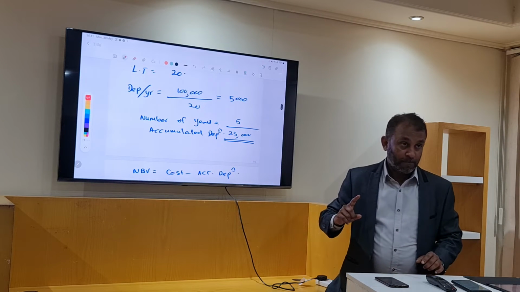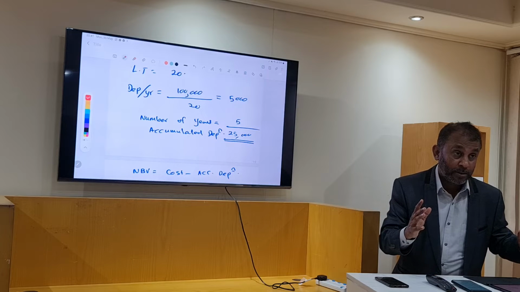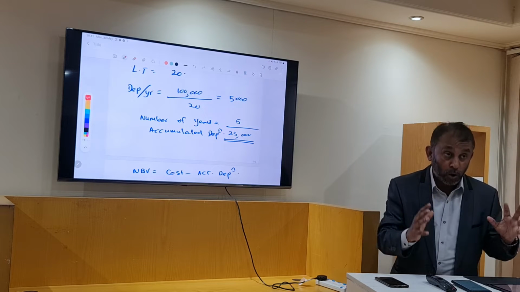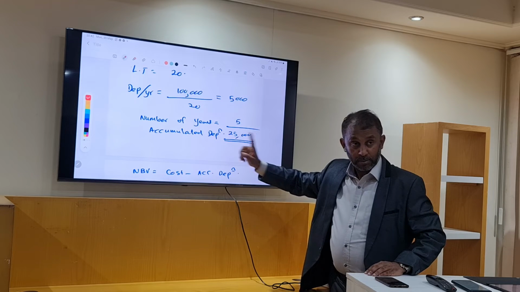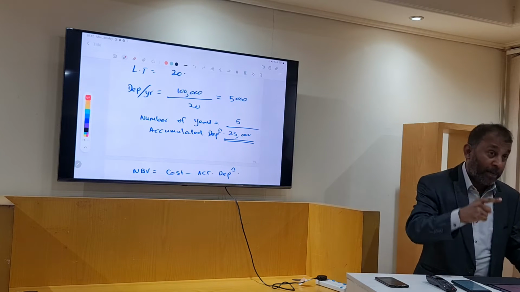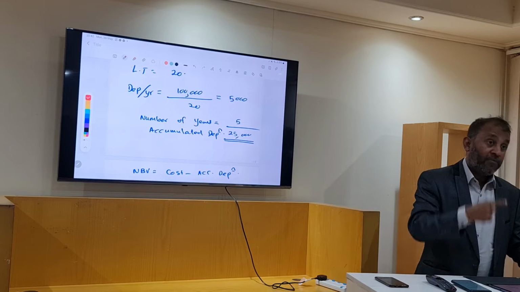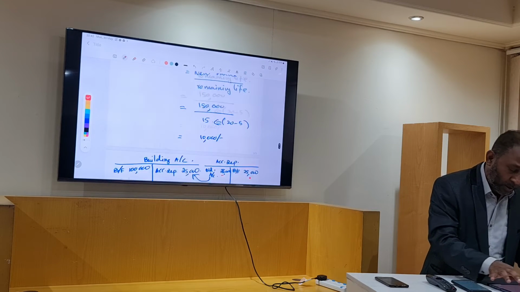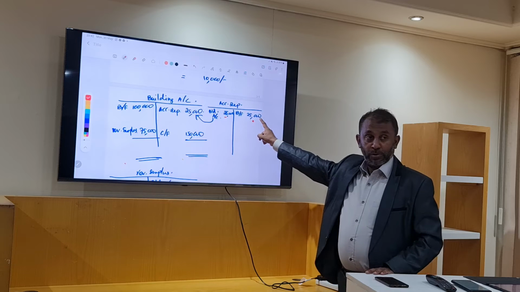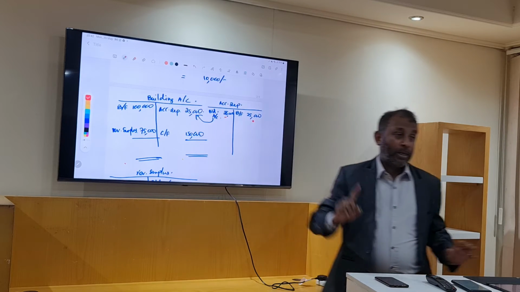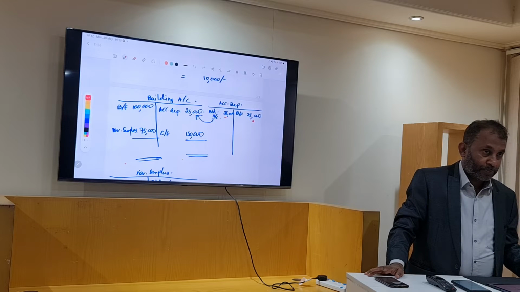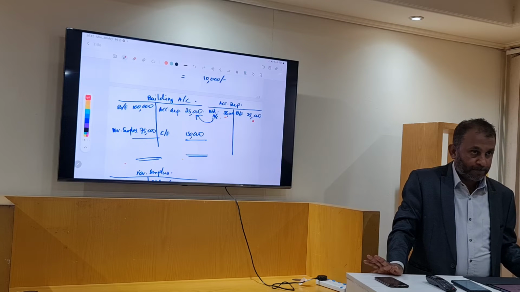So how many years have we finished? 5 years. So the total accumulated depreciation came to 25,000. Correct? So every year if you continue the double entry for this depreciation, then you will accumulate 25,000. And that will sit on the credit side of the accumulated depreciation. Clear? On the credit side.